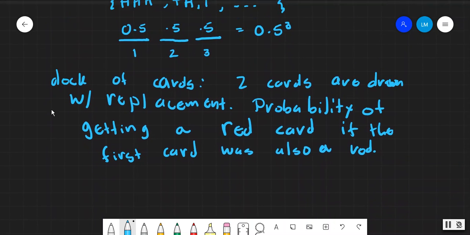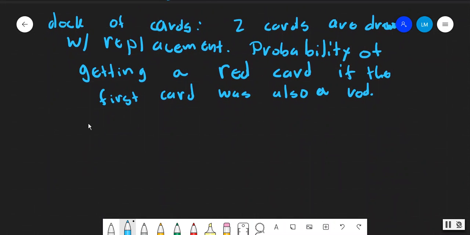Okay, so this is kind of interesting because in this case, there are 52 cards, which means that there are 26 red cards, and then there are 26 black cards.